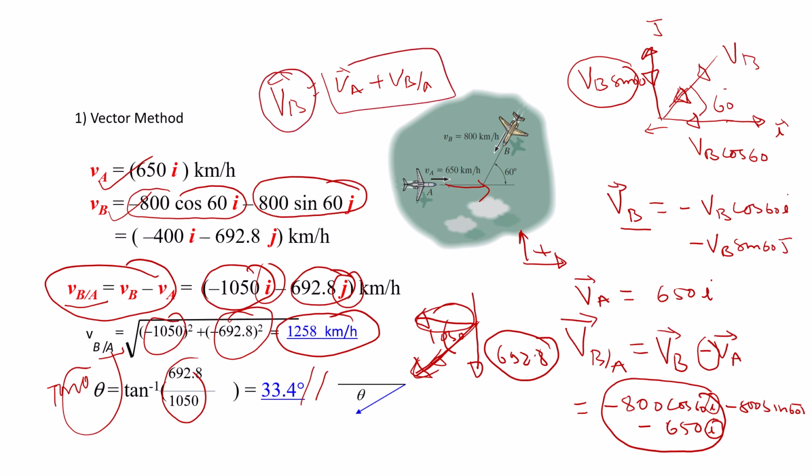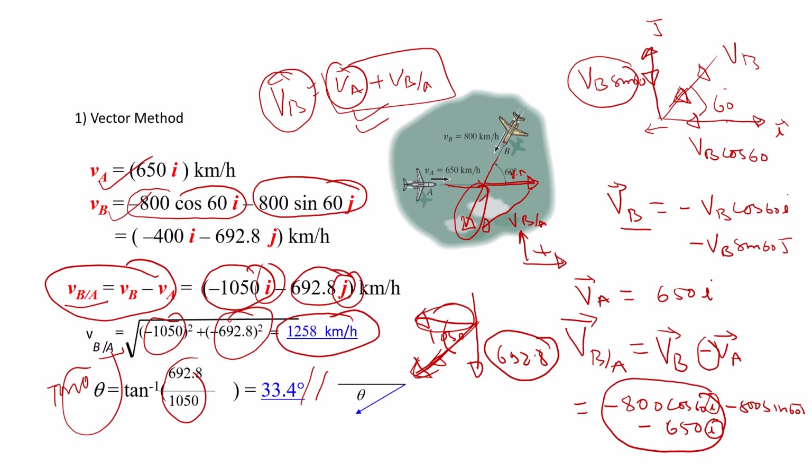So you need to figure out how to draw this triangle if you want to use the graphical method. For instance, VB is something like this in this direction, and VA is going in this direction, and if you put this like this, this should be VBA. So VA plus VBA would be VB.